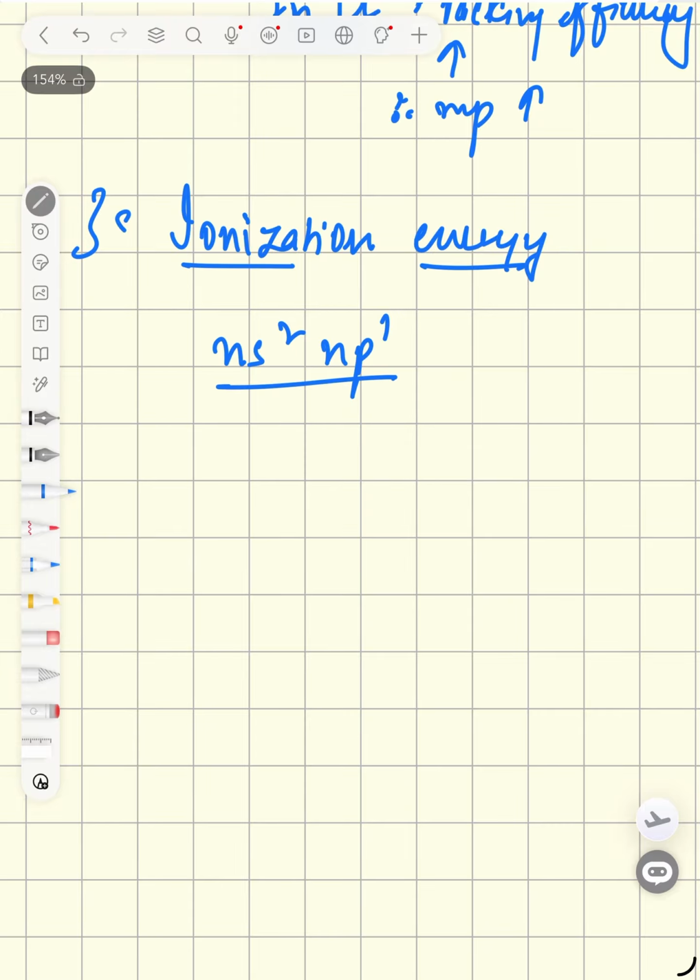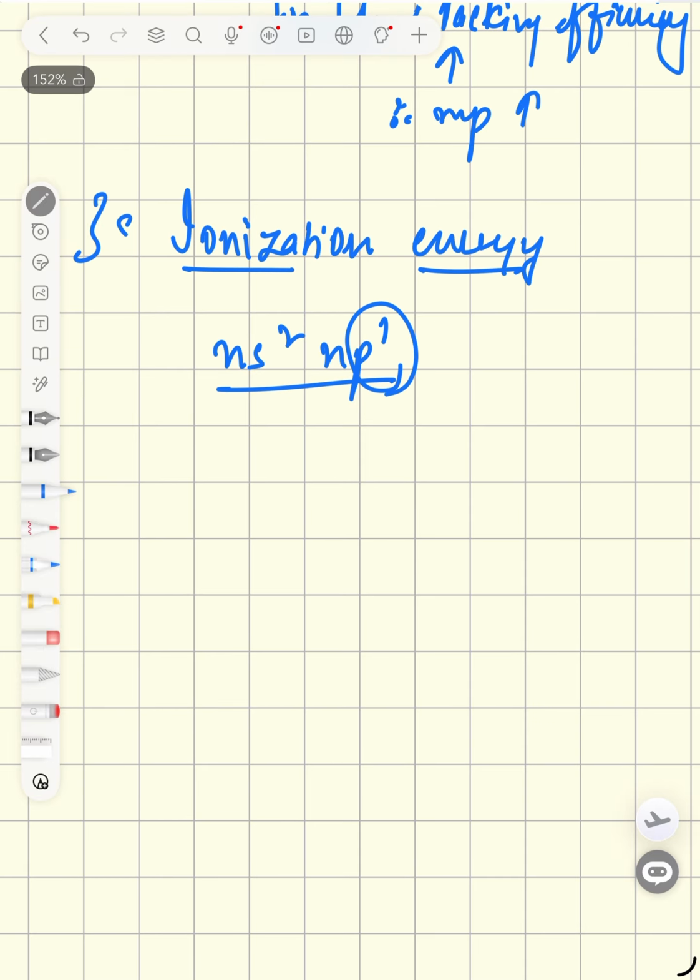Now, the first ionization energy is very less. Since there is only one electron in the outermost p orbital, it is easy to remove this electron. Therefore, first ionization energy is very small for boron family.